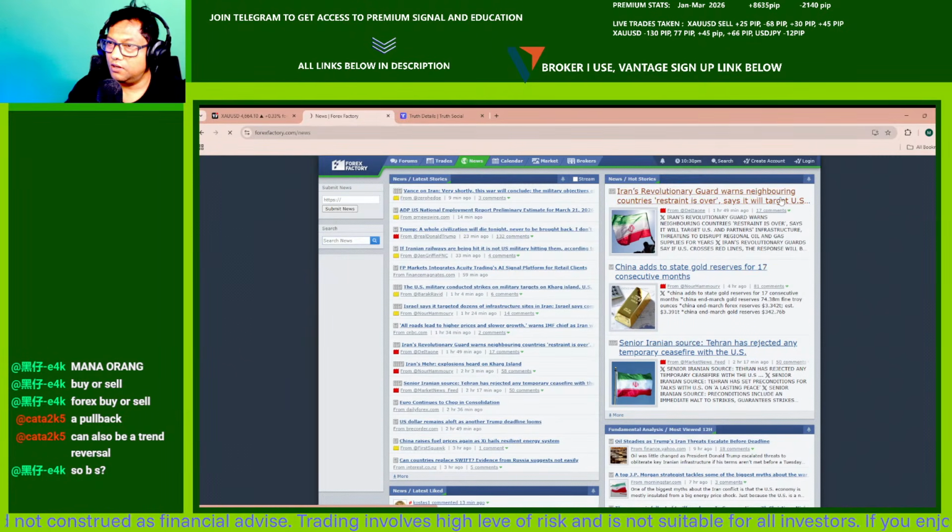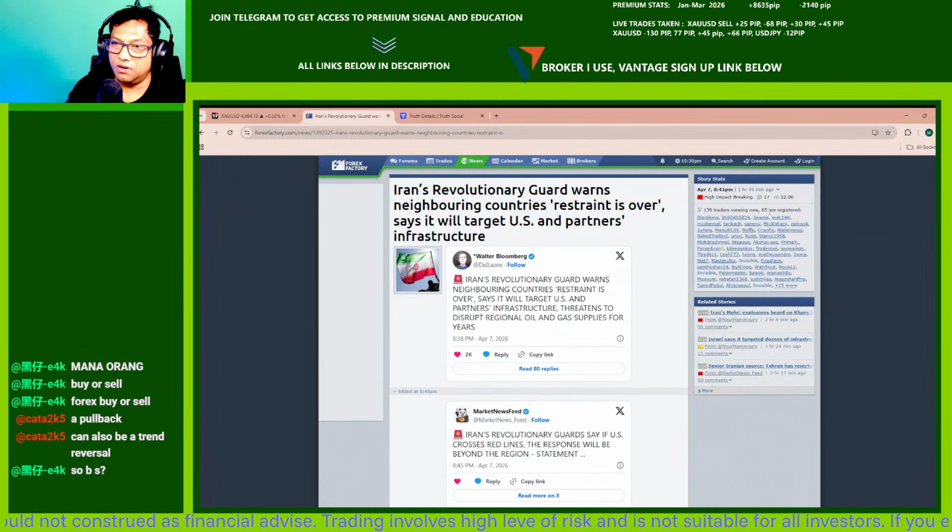This is an interesting fact here: Iran's Revolutionary Guard wants neighboring countries to know restraint is over, and says it will target US and partners' infrastructure.